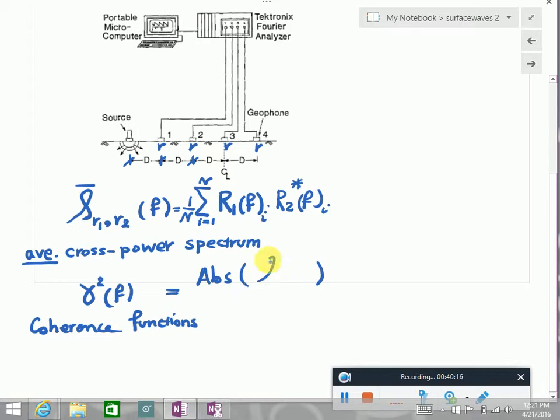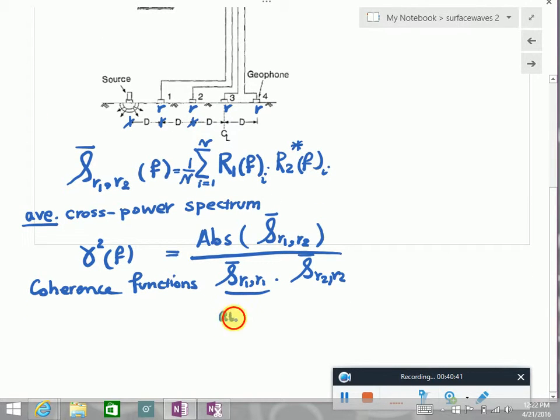So the absolute value of S R1,R2, but we normalize it by the multiplication of the cross-power spectrum of each receiver with itself. Sometimes this is called not cross-power spectrum, but auto-power spectrum.